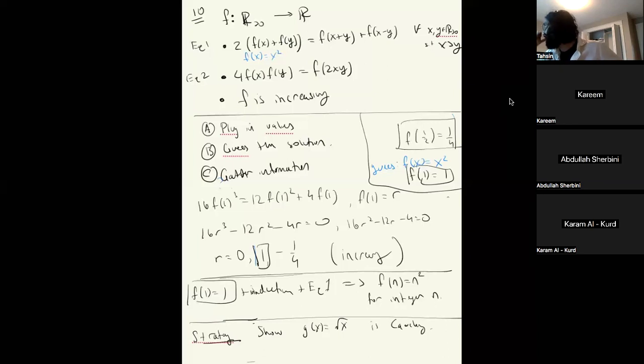One idea is maybe we can take the square root of equation 2. So then what? Then we get 2 g of x, g of y equals g of 2xy.